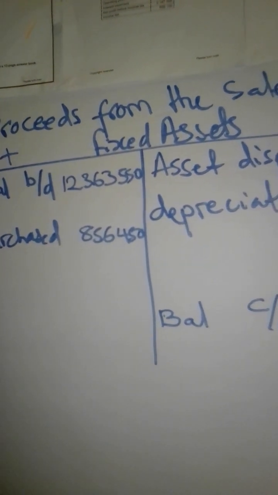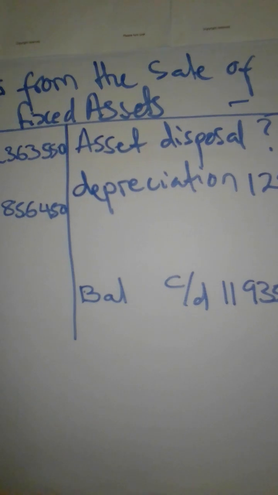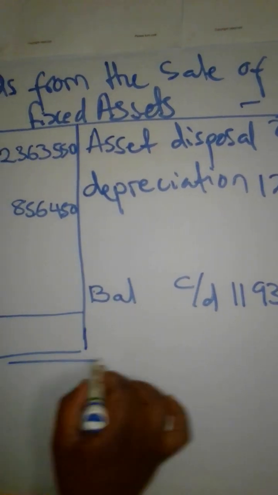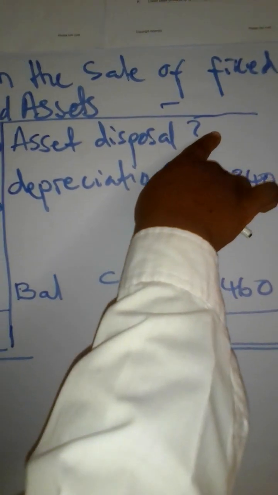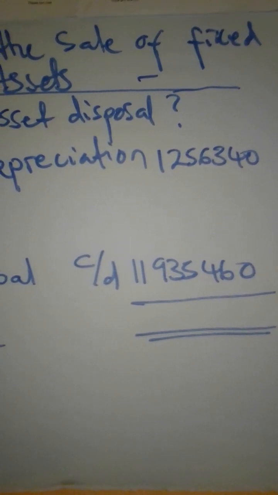Now you can calculate the amount of the asset that was disposed at the carrying value. So let's calculate the bigger side. Because our missing figure is on the credit side, it means the debit side is bigger. We'll add everything that is on the debit side.